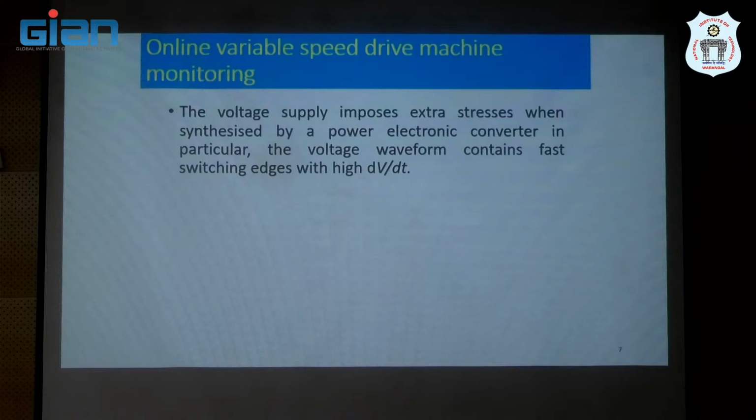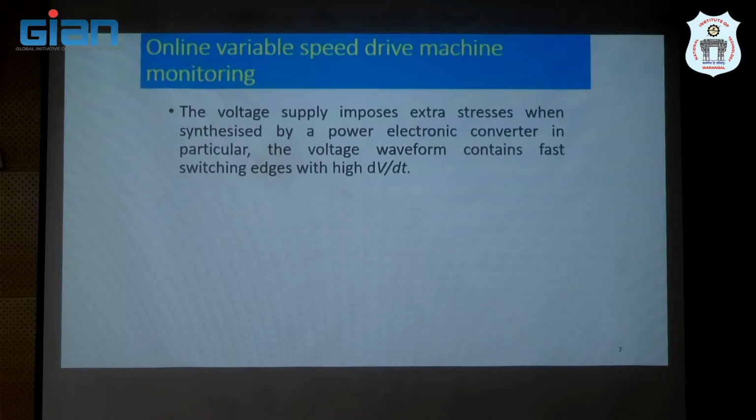With this stress mechanism, gradually it reaches partial discharge inception voltages. At particular voltage levels, partial discharges are initiated. These do not completely bridge the insulation to ground, but partially bridge the insulation.